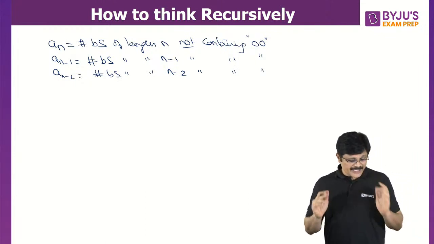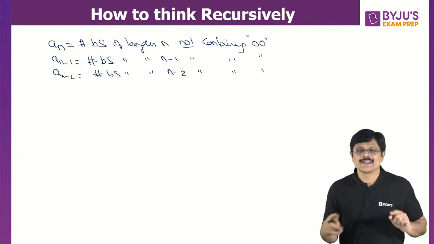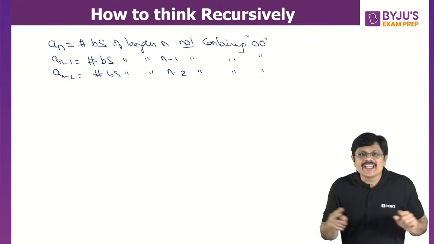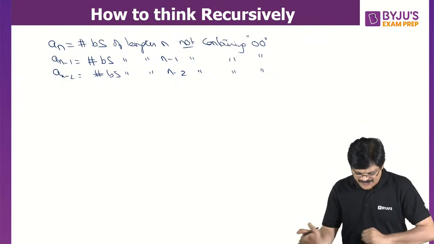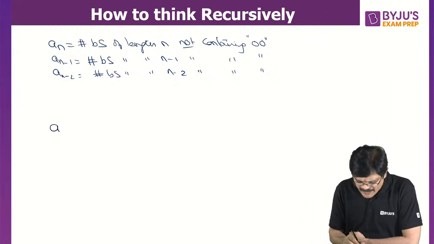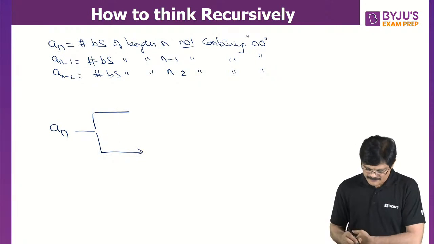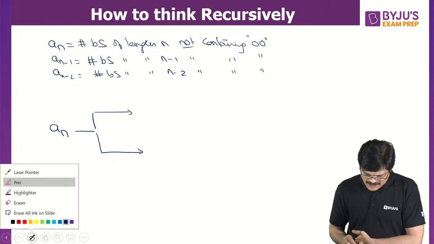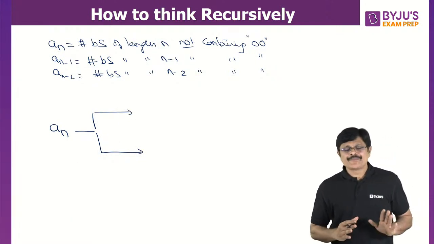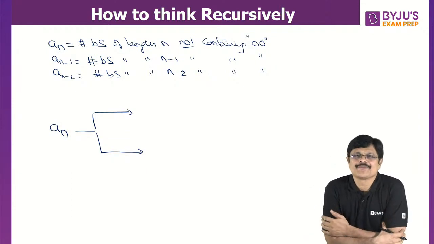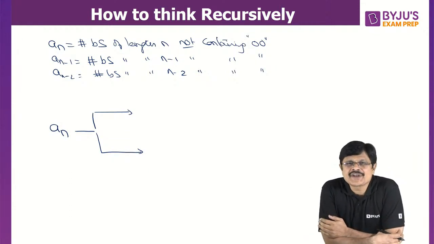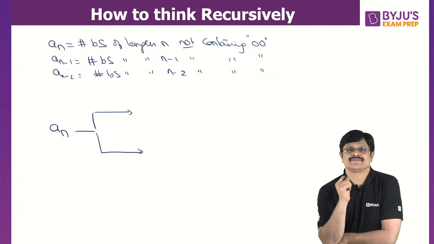ओके, अब देखिएगा ध्यान से, very important. Now look here, I want to know how many binary strings of length n are there. Okay, now I ask you one question. Any binary string of length n start with what?